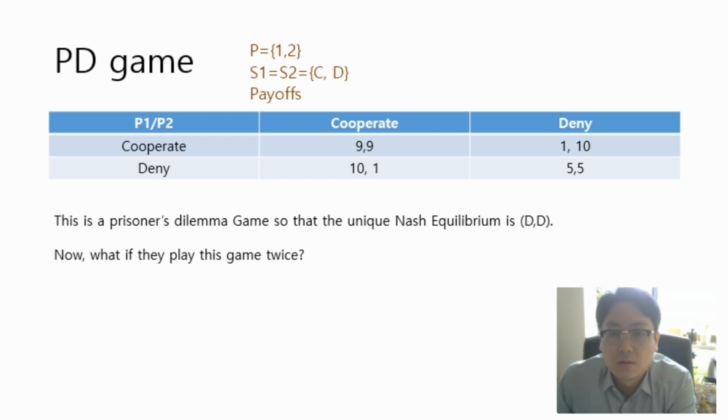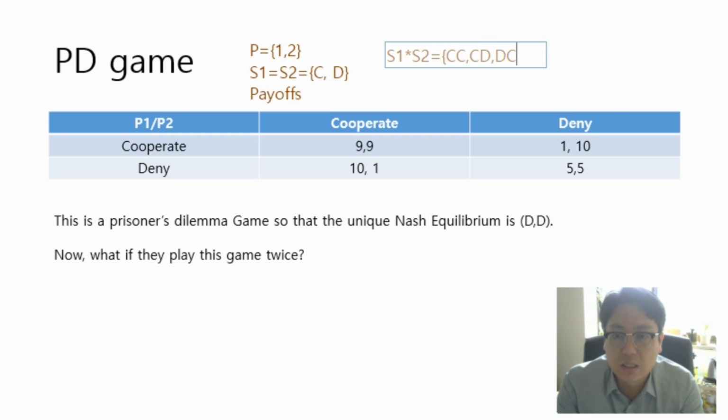We can also think about the profile space, the Cartesian product of these two players' strategies: CC, CD, DC, and DD, where the first character represents the first player's strategy.